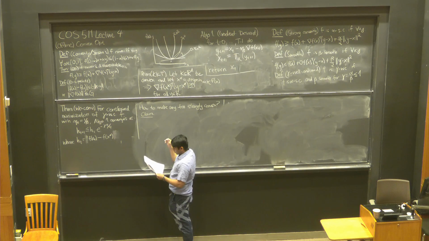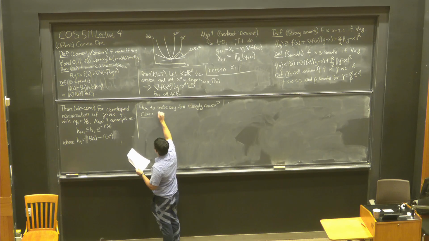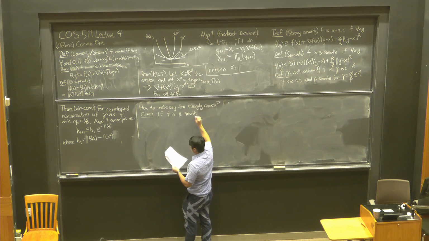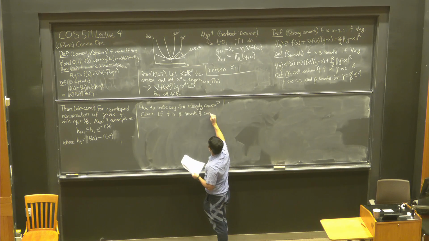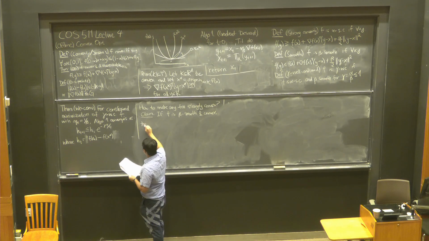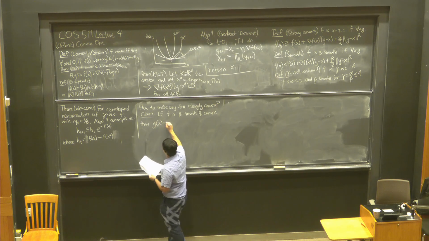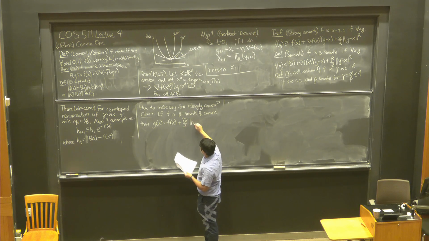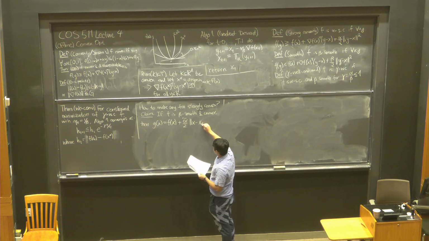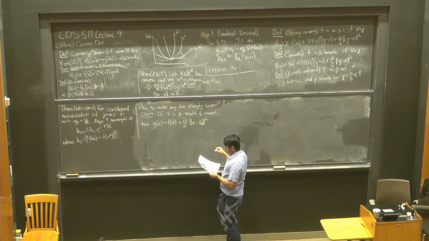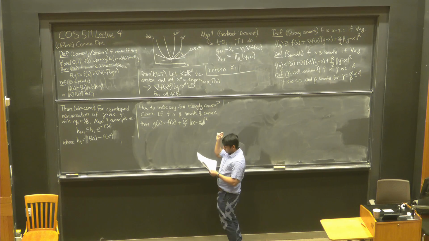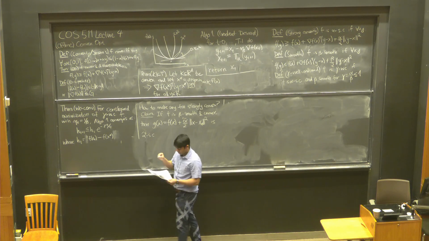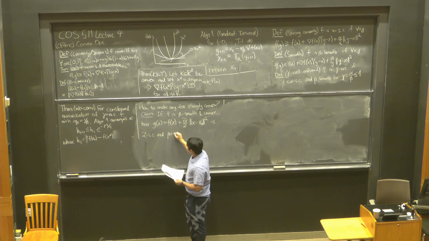So claim, if f is beta smooth and convex, then this function is alpha prime strongly convex, and beta plus alpha tilde smooth.